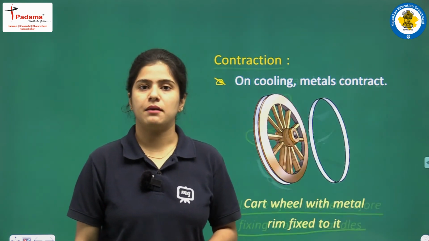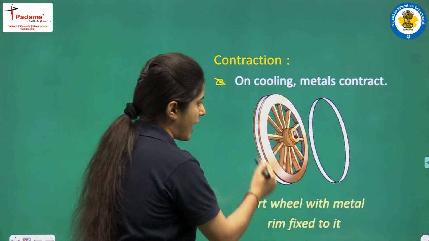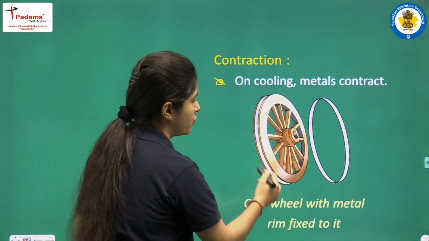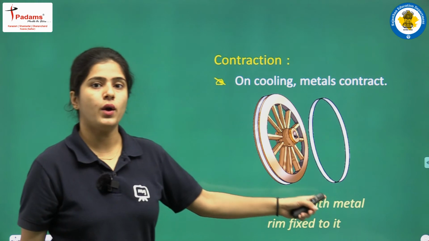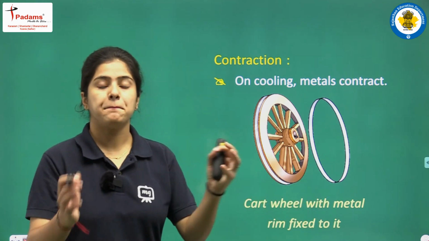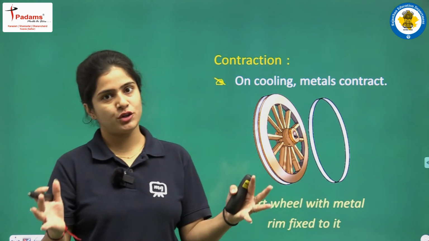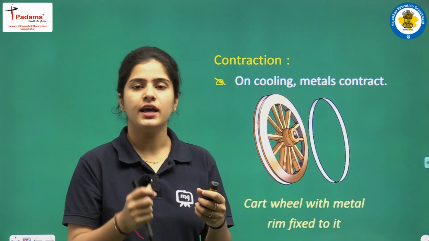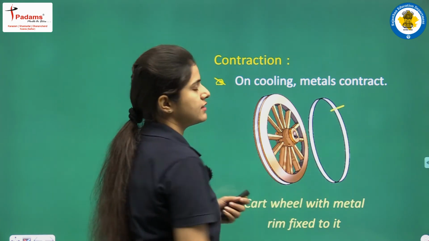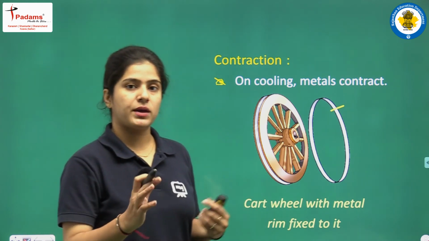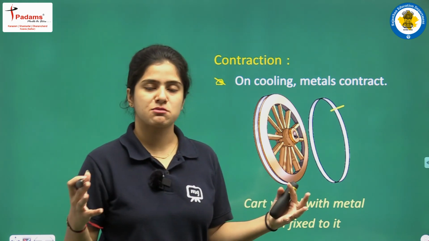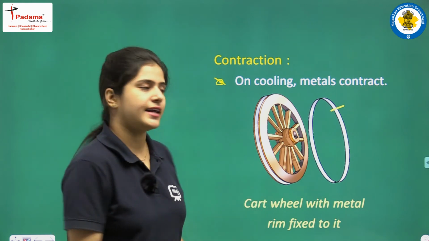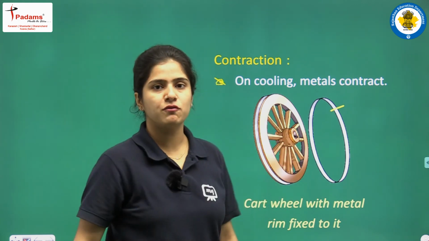For example, when you put an iron ring on a wooden wheel, the iron ring is made smaller than the size of the wooden wheel. The ring is made of metal, so when it is heated it will expand, and when expanded it fits onto the wooden wheel.